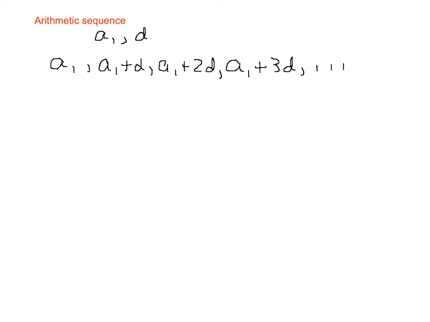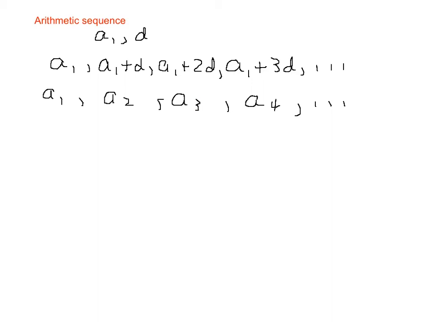But if I simply write down these terms in terms of their sequence order, the first term is a sub 1, the next term is a sub 2, and then a sub 3, and then a sub 4, and so on. Now, do you see the pattern here? A sub 4, 3d, a sub 3, 2d.